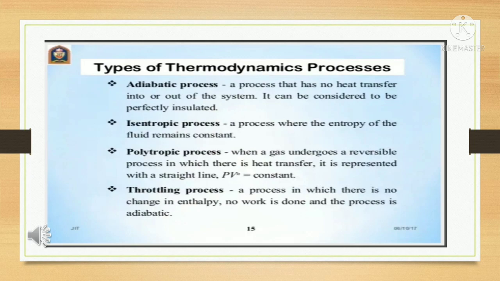And the third one is a polytropic process, when a gas undergoes a reversible process in which there is heat transfer. Fourth is a throttling process, a process in which there is no change in enthalpy, no work is done, and the process is an adiabatic process.